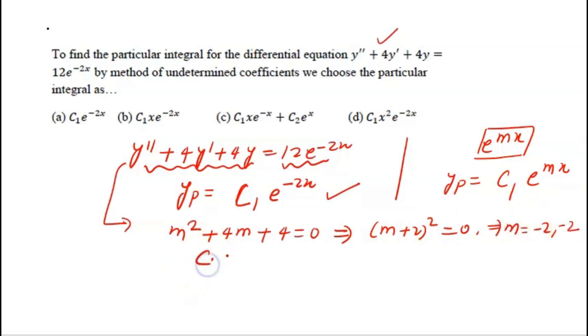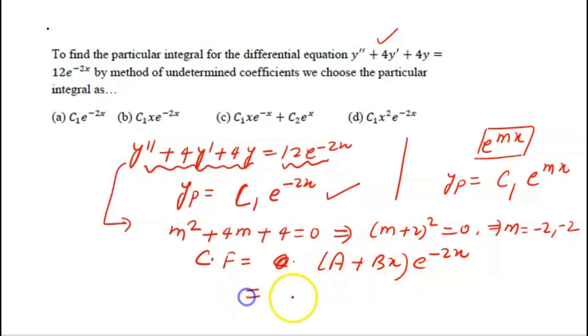So the complementary function will be given by, let me use another constant, a plus bx times e to the power minus 2x. I hope you know that when the roots are repeated, we write the solution like this. Since I have used the constant c1 here, I am using another constant a and b here.